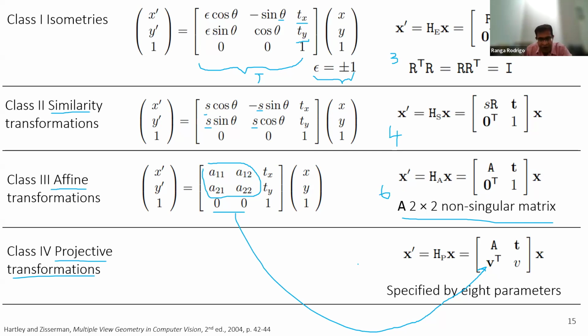And for the projective transformation, or the homography, 2 here and 4 parameters here and 2 parameters there. And there's an arbitrary scale. So therefore, not 9 parameters, but 8 parameters have to be estimated. I hope that this is clear to you.